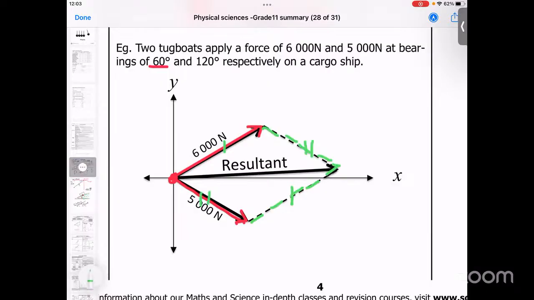So can you see we've just done a parallelogram, and from that common point, corner to corner, we just do a diagonal line there, honorable member, and that becomes our resultant. Easy, easy.